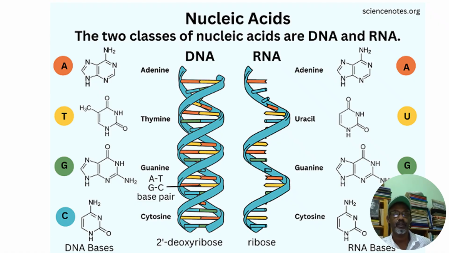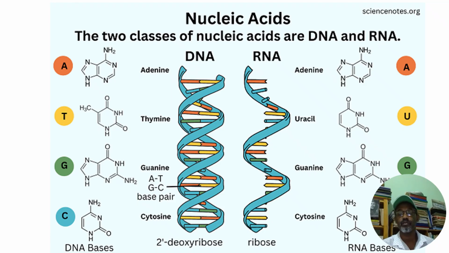Deoxyribose, ribose, you see, described at the bottom. Therefore, bases used in DNA are AT, GC. Bases used in RNA are AU, GC. You see, it is not visible here.